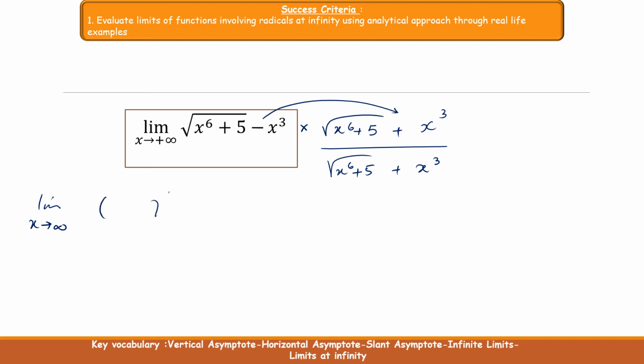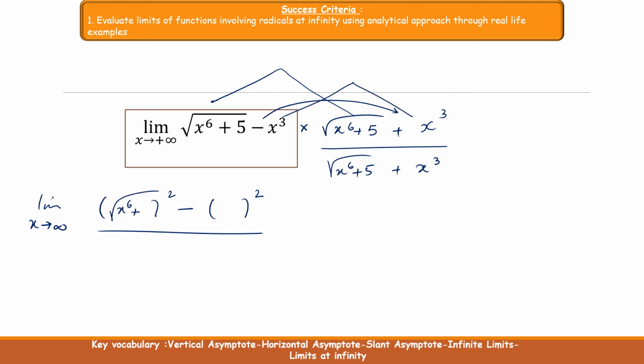So first term with the power 2 and second term with the power 2, because the first is the same and this is the same. So first term is the square root of x power 6 plus 5, second term is x cube. Now the denominator is written only one time, so no need to do anything, just write it down. Square and square root cancel out. So what do we get?